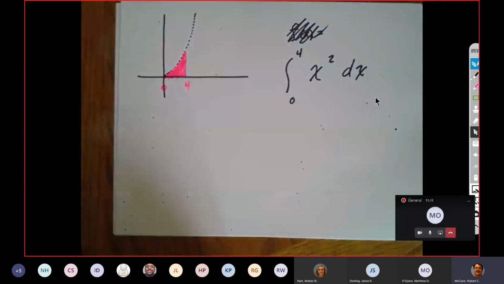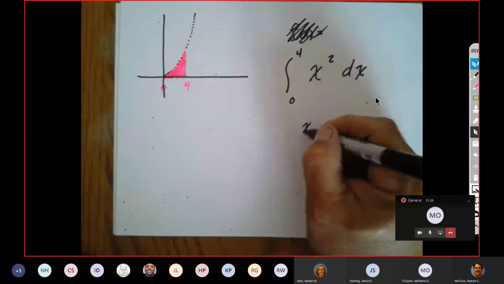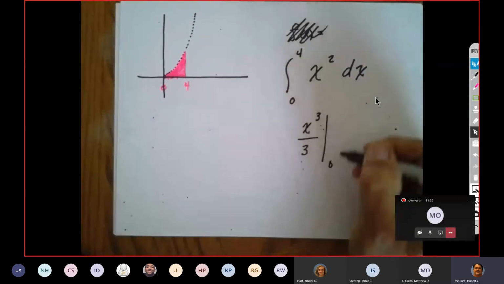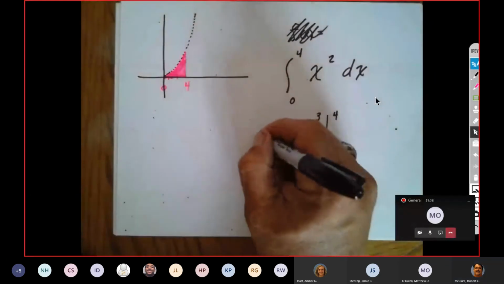So we're going to be finding that area right there. Now we don't use C here because C is not used with finite. So this is going to be x to the third over 3 evaluated at 0 and 4. Now this is what we call the setup.